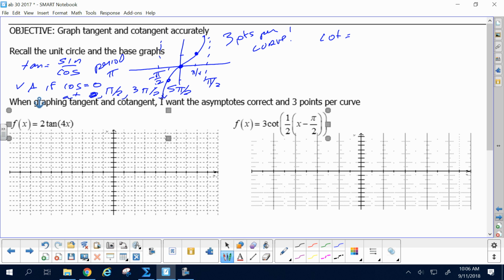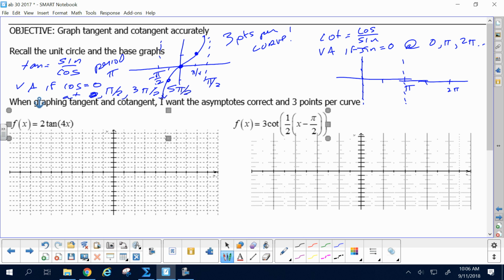Cotangent is cosine over sine. And therefore, you'll have vertical asymptotes if sine is 0, which is at 0 and pi and 2 pi, and so on, unless it's been squished. So cotangent, rather, has asymptotes at 0 and pi and 2 pi, and so on.